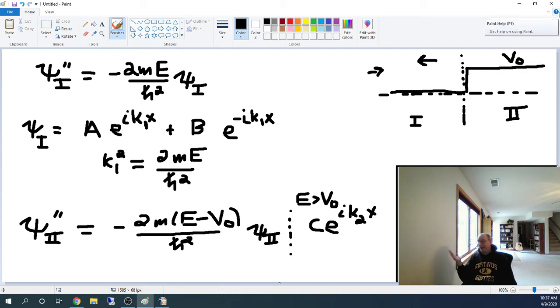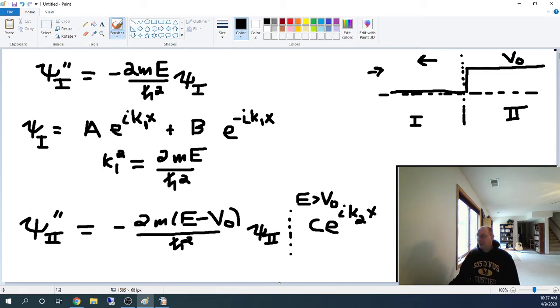It means that the particle, if it was transmitted into region 2, would have an infinite probability of being infinitely far away, which doesn't make any physical sense. So what we do is we say the following: D has to be 0.